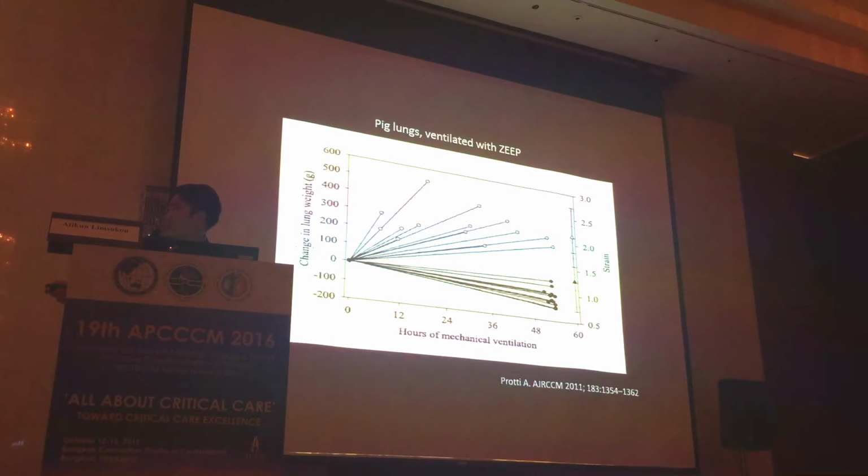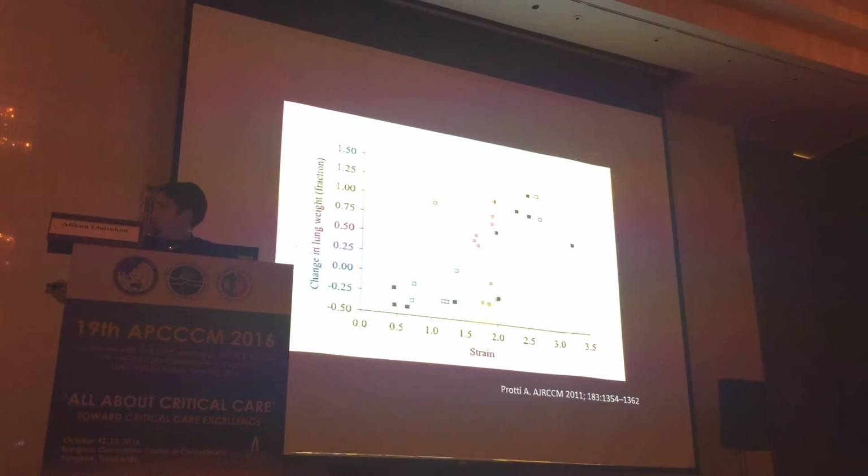What they demonstrated is that from a strain level of 1.5 onward, the lungs start to increase in weight, developing pulmonary edema. In pigs ventilated with a strain lower than 1.5, the lung weight hasn't changed. This shows that a strain of 1.5 to 2 is the critical strain where lung edema starts to develop.